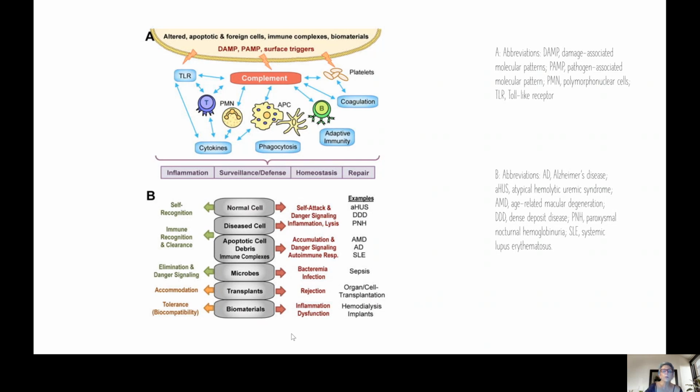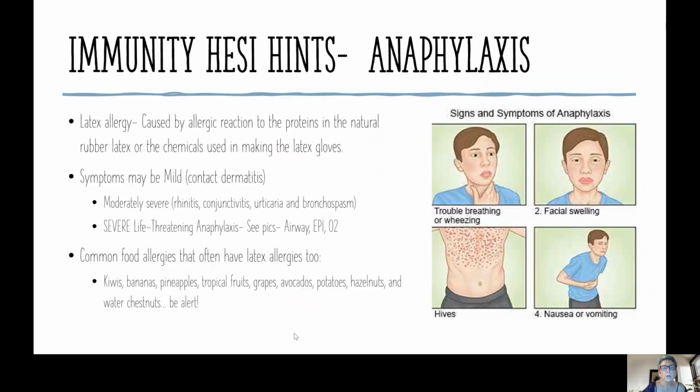And as our final slide, we're going to reflect a little bit through our HESI book and talk about anaphylaxis and how we need to think about things that might cause anaphylaxis that we may not be familiar with. So some people have terrible symptoms of anaphylaxis as a result of a latex allergy.